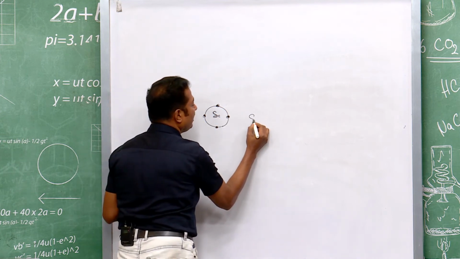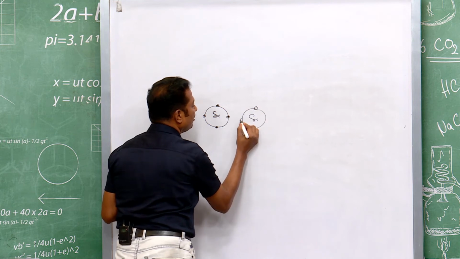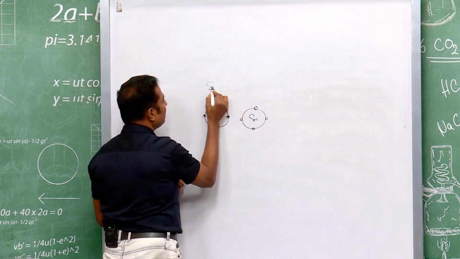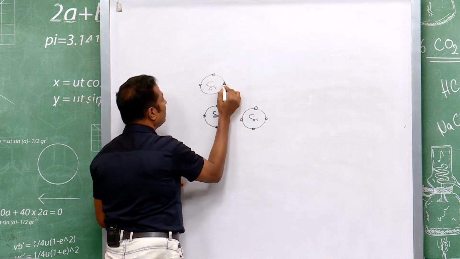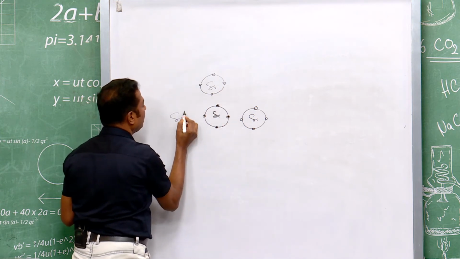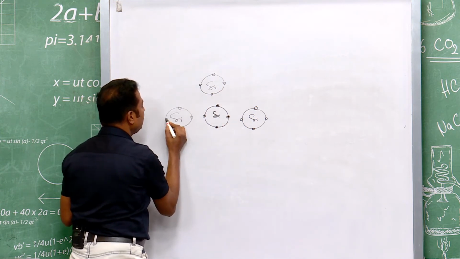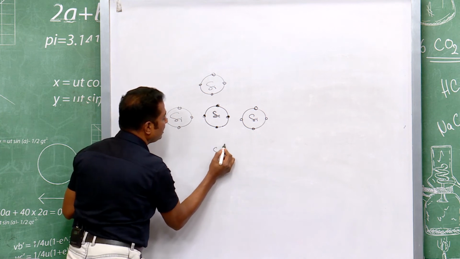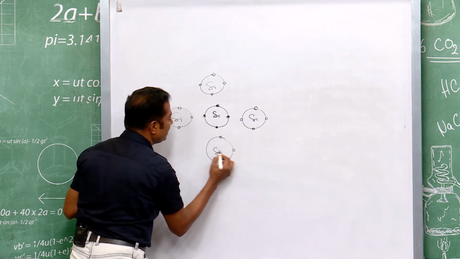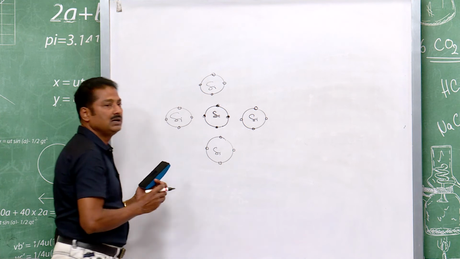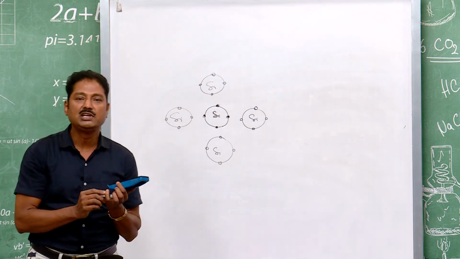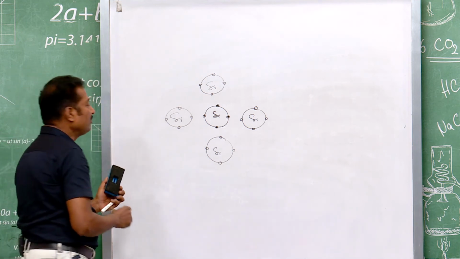It is surrounded by many silicons, but one silicon and its surrounding 4 silicons will give you the stable structure.